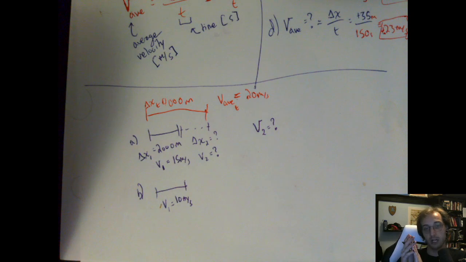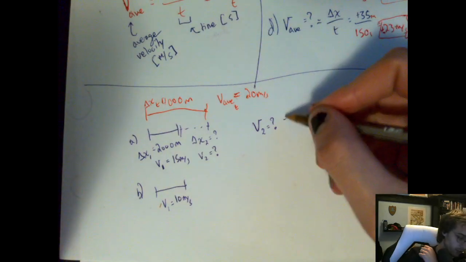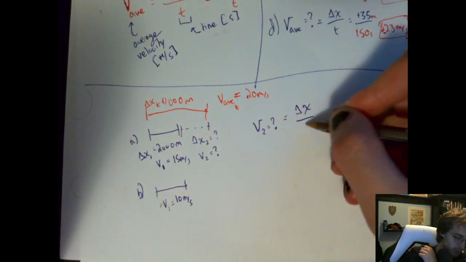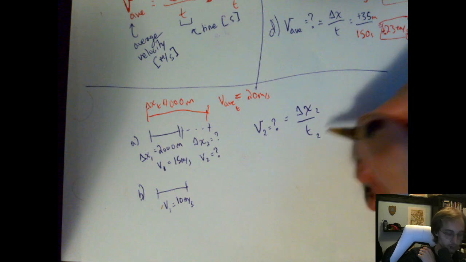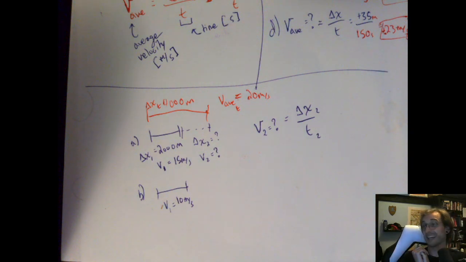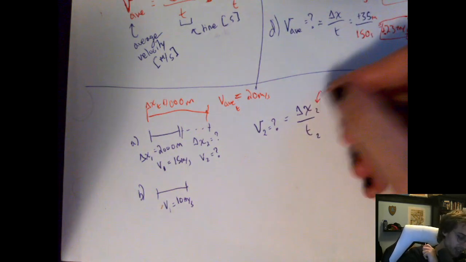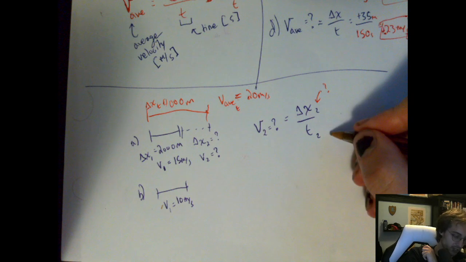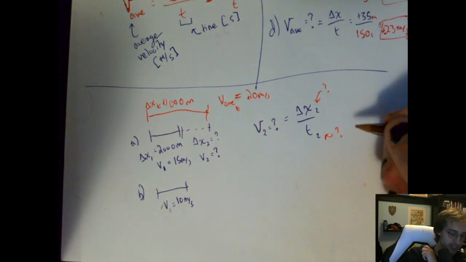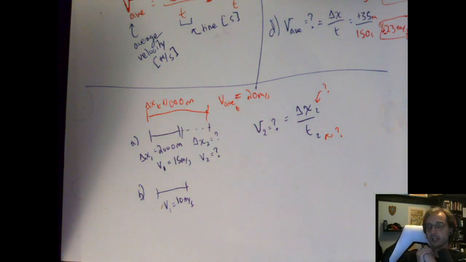What are the equations that I know so far that actually involve velocity? Well, we've really only got displacement over time, both of which are going to be for the second section. So if I want to find V2, the first thing I'm going to have to find is the distance for the first section, and then I'm going to have to find the time it takes to do that second section.